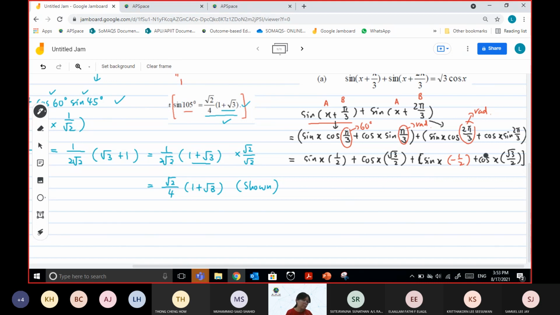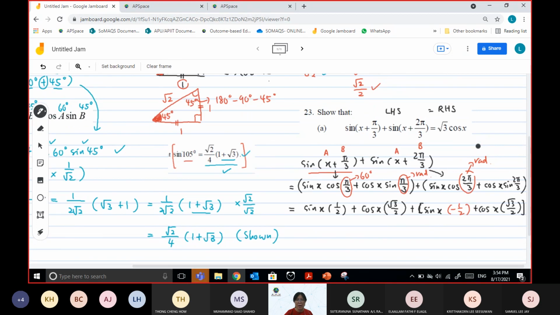Okay, so why did I try to put the answer in this form? Because the one that you need to show is in this form. Else, when you calculate, if decimal, it will be 0 point something. So I try to put it in this form.